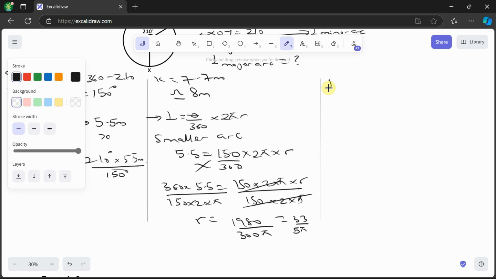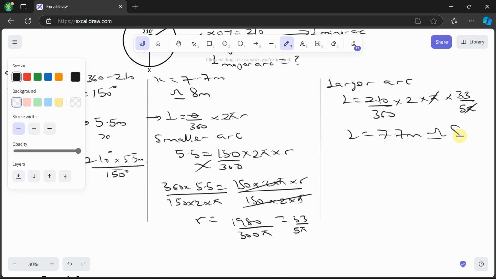For the larger arc, our theta here is 210, so L is 210 over 360 times 2 times pi times r, where r is 33 over 5 pi. So pi will cancel pi, and my L will be 210 times 2 times 33 divided by 360 divided by 5. So that's 7.7 meters, or approximately 8 meters to the nearest whole number, right?